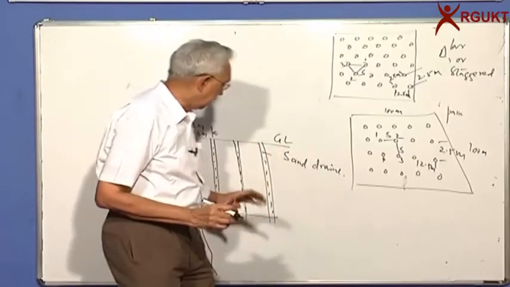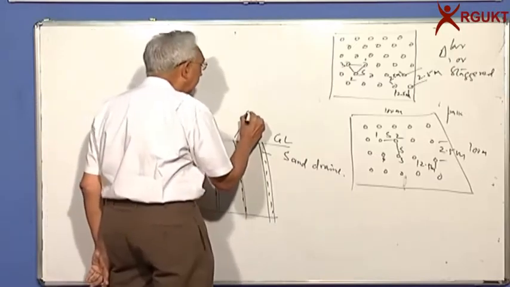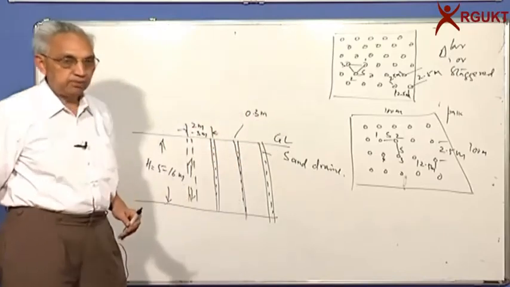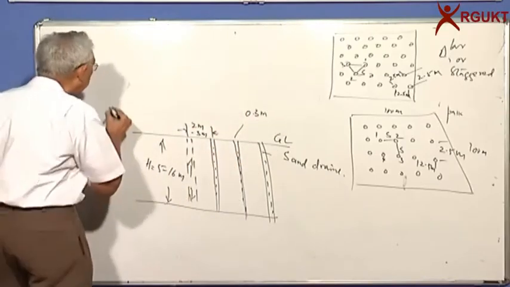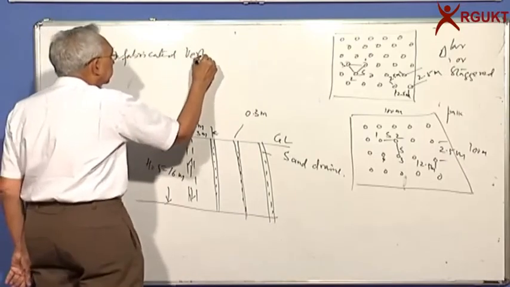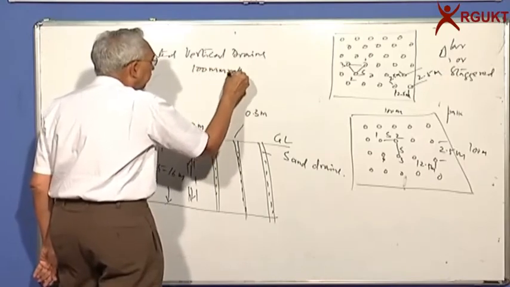If you do that, and we have these drains, earlier they were all made as a hole of 0.3 meter diameter and filled with sand. Fortunately now we have what are called prefabricated vertical drains. Usually they are about 100 millimeter by 4 millimeters.